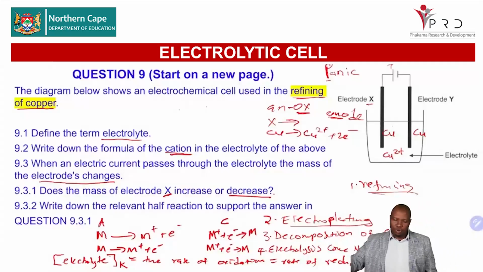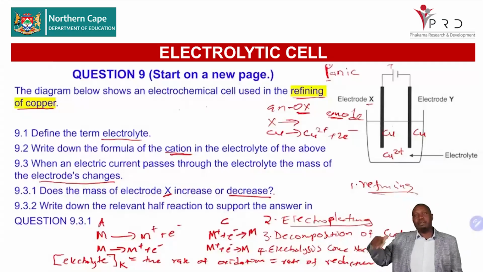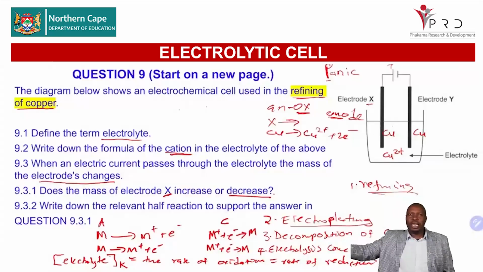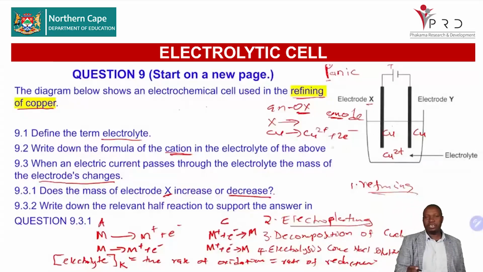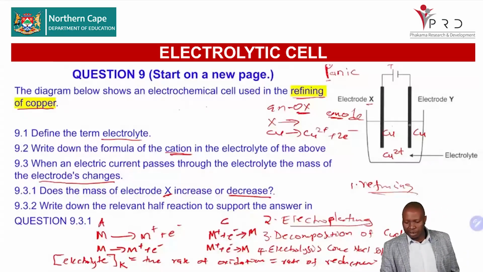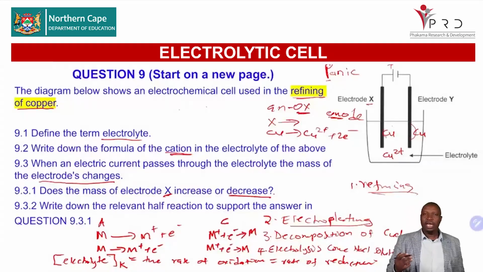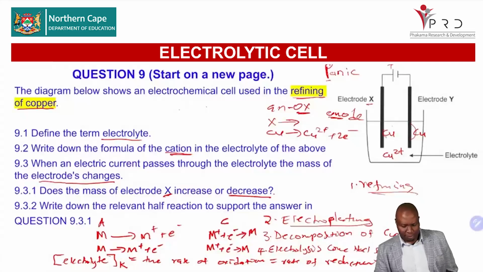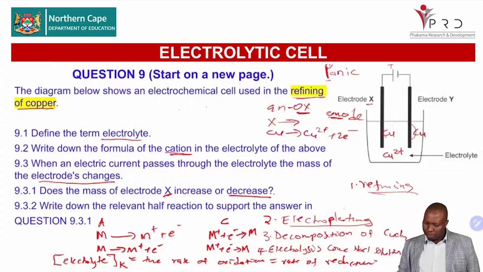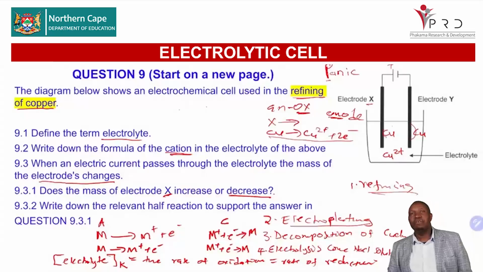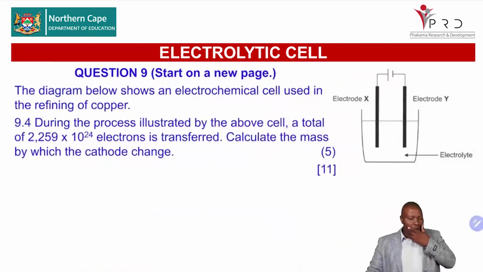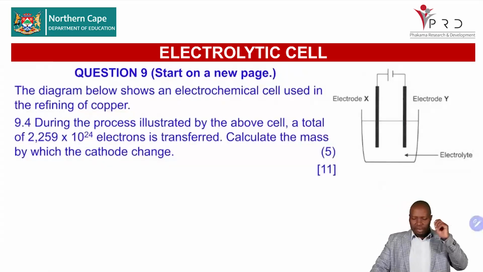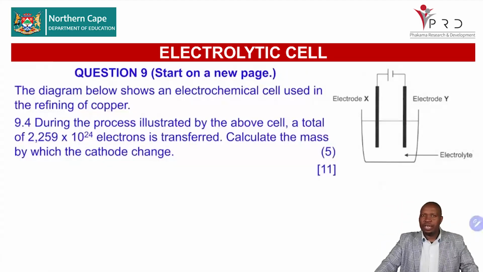Remember, on the cathode side, the copper 2+ will gain electrons to form copper, which is the reverse of this. So we're expecting the cathode to increase in mass and this one to decrease in mass. X is the anode, so it will decrease in mass. Write down the relevant equation to support your answer. I've already written: copper forms copper 2+ plus 2 electrons. So you are able to see that now. These types of questions are there to stay, where you have to deal with calculations.